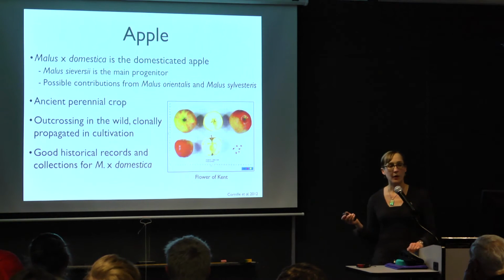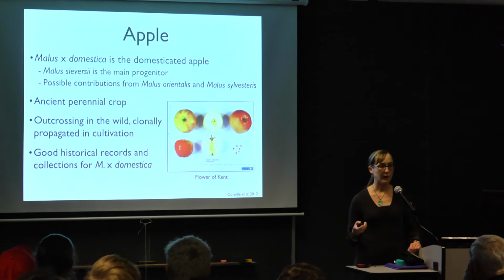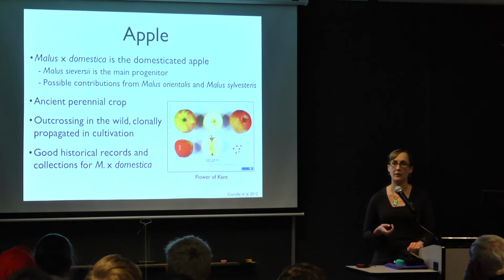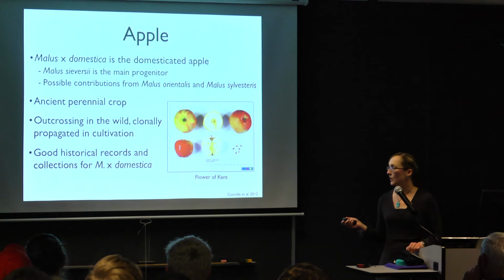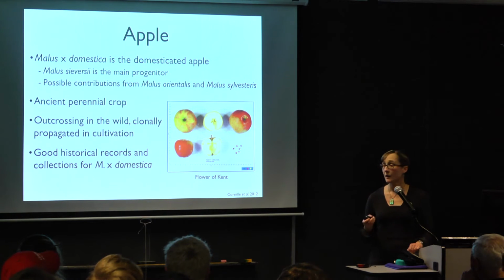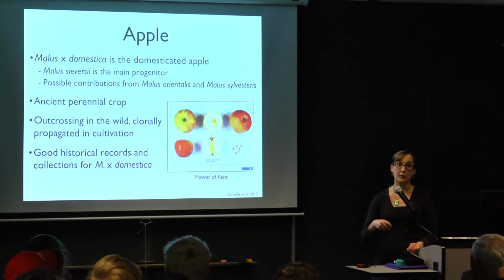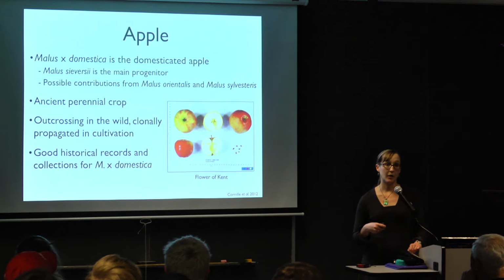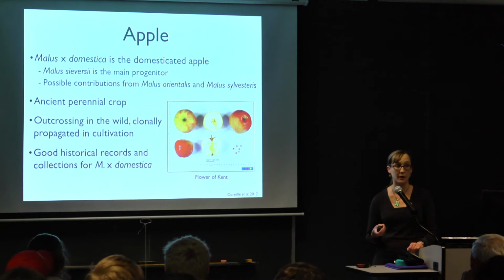There's a lot of cool things about working in apple. There's a sequenced genome, it's a diploid, it's relatively tractable in many ways. But one of the things that is sometimes overlooked is that there are really good historical records for Malus collections. For example, one of the oldest trees that I've found data for, the first written record for it occurred in the 1200s, which is really awesome.